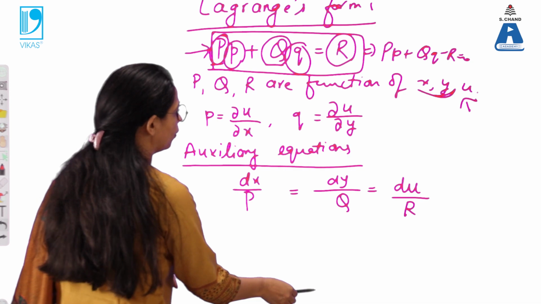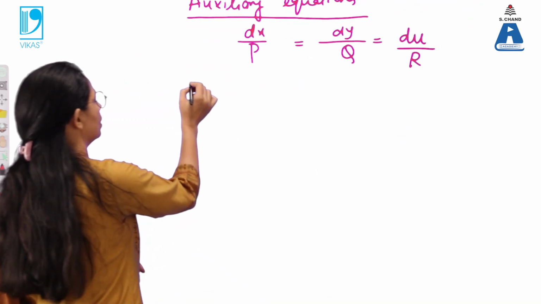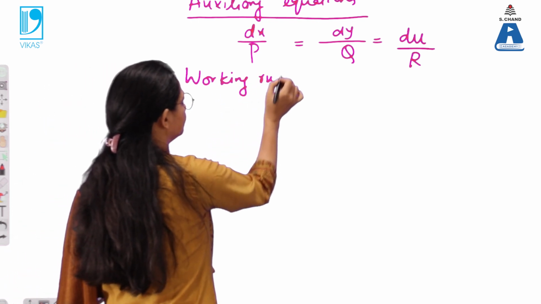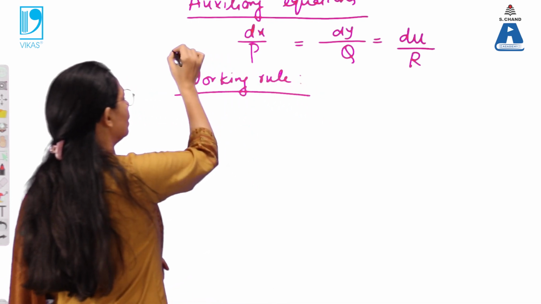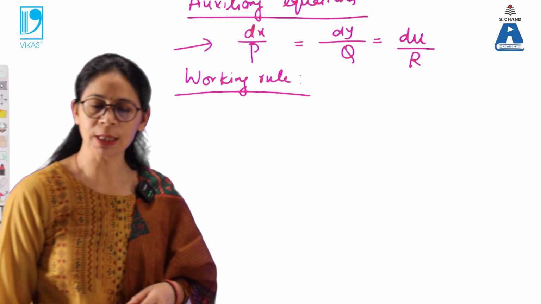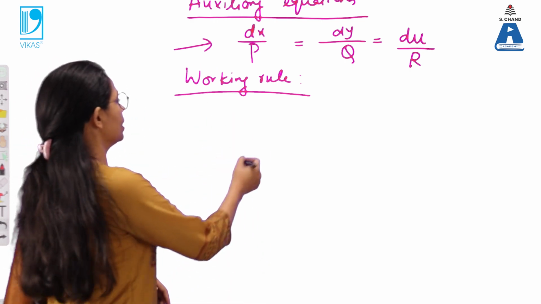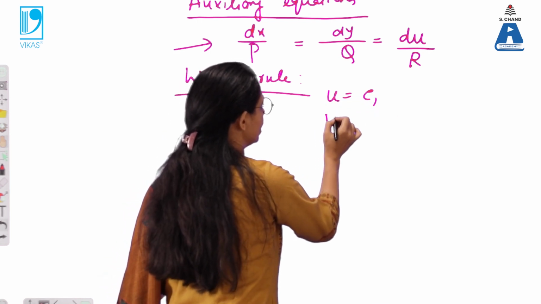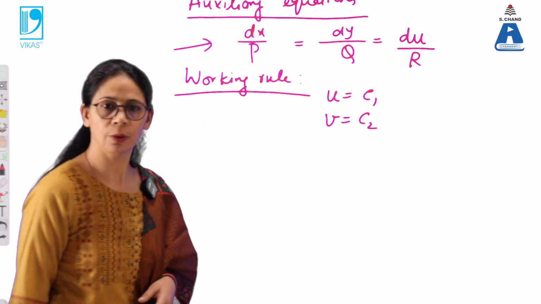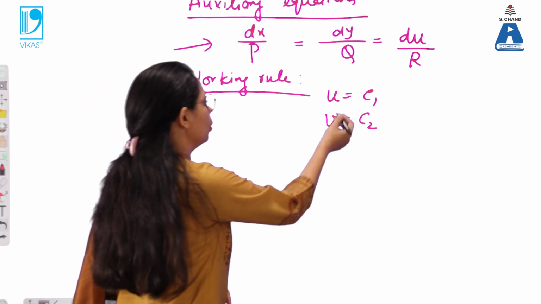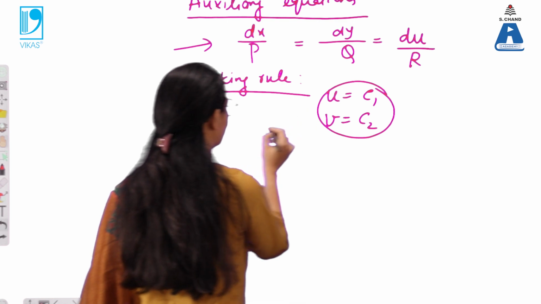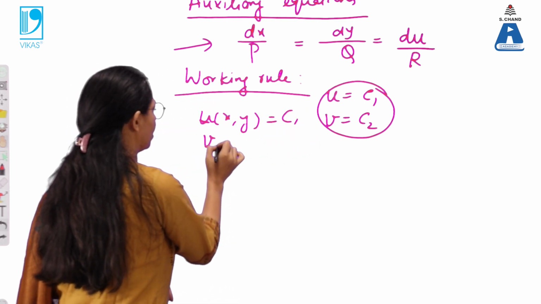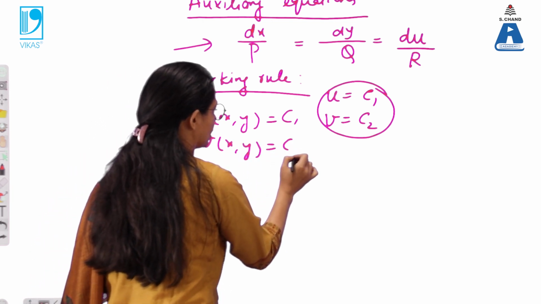So what is the working rule to solve this Lagrange's form of differential equation? The working rule says that we solve this set of auxiliary equations and we get two relations. Let us say we get u is equal to c1 and v is equal to c2. These two functions u and v can be functions of x and y, so they can be written as u(x,y) equal to some constant c1 and v(x,y) equal to some constant c2.